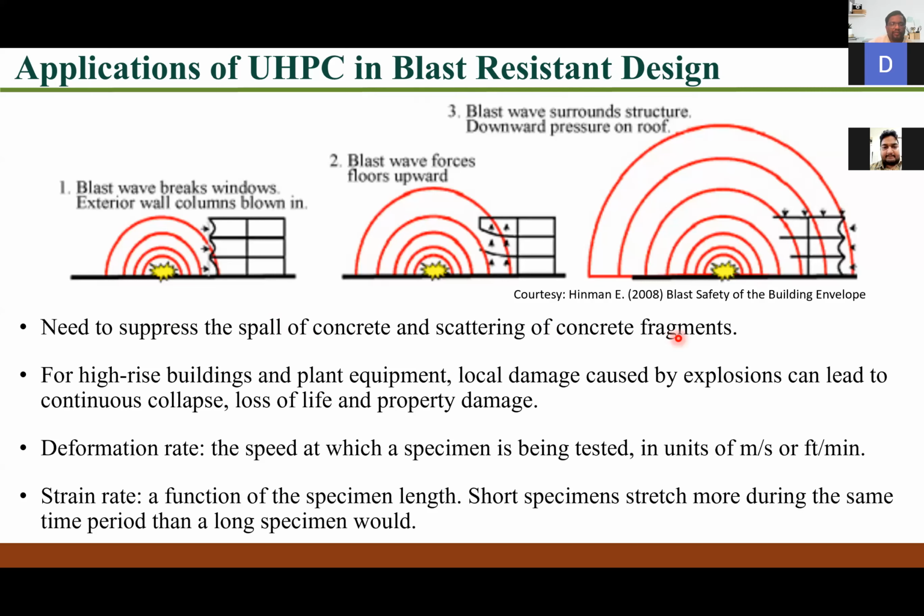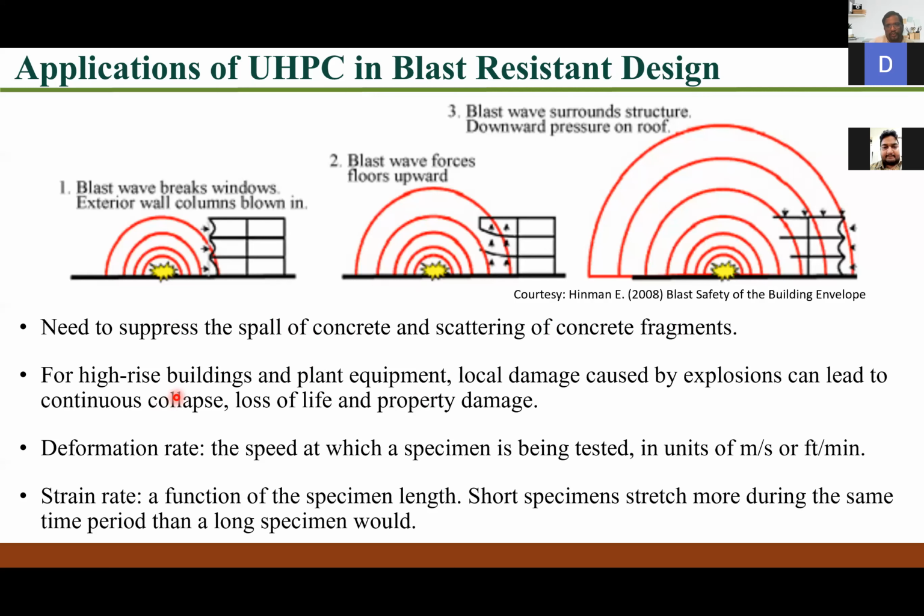Especially for high-rise buildings and plant equipment, the local damage caused by these explosions can lead to continuous collapse, like what we have seen. It happens in a very progressive manner, so it can lead to localized damage, continuous collapse, loss of life, and property damage.